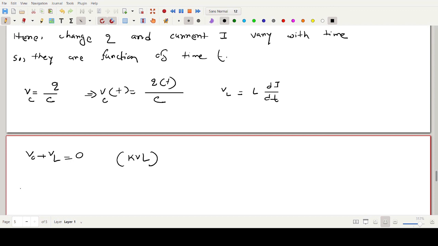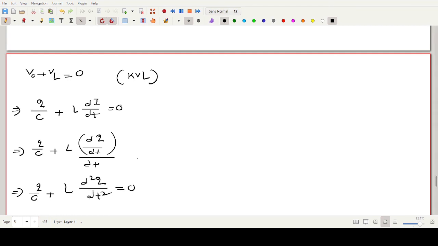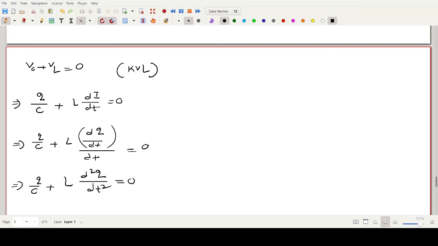then we can write Vc equals Q by C and VL equals L di by dt, and their sum equals 0. From here we can write Q by C plus L d²Q by dt² equals 0.